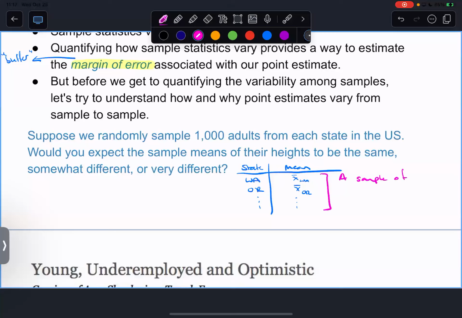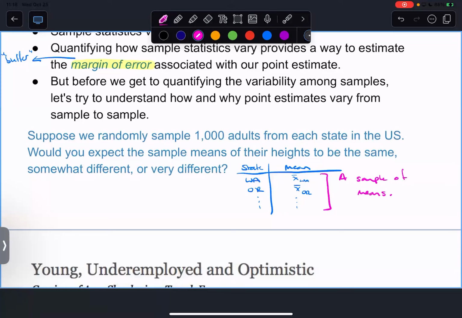A sample of means. You expect all these to be pretty much the same, right? All these average heights, because you're expecting averages to be close to what? You're expecting the average height from each state to be centered around the population average height, right?